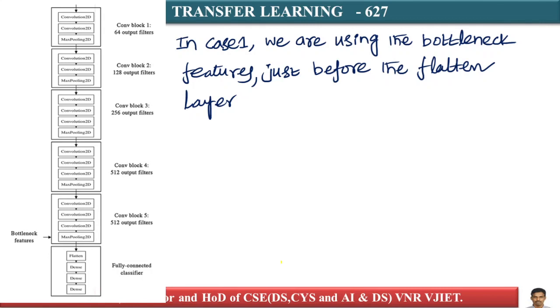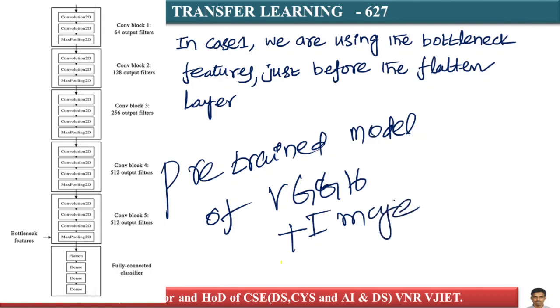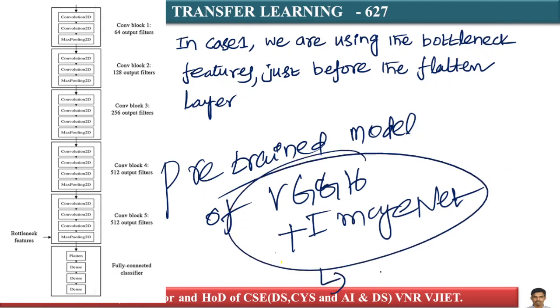We are using a pre-trained model, VGG16 plus ImageNet, as a feature engineering tool to create the CNN code, that is xi dash, meaning x1 dash, x2 dash, so on.